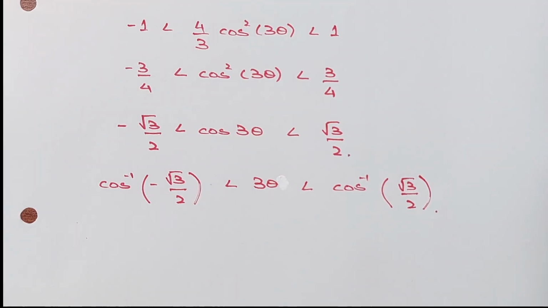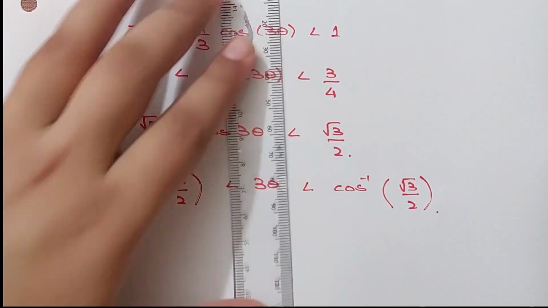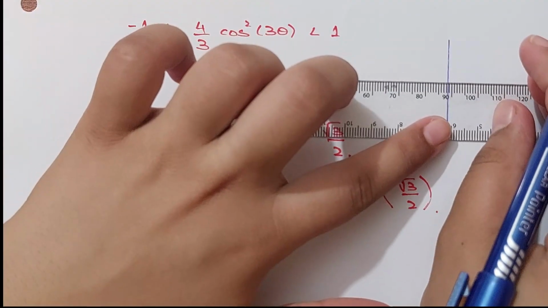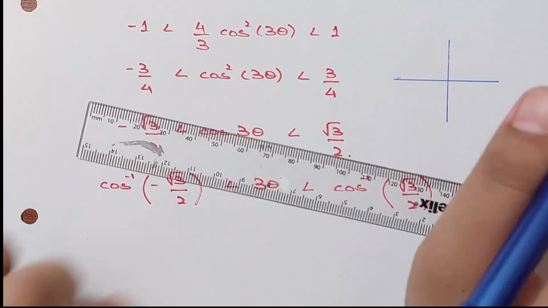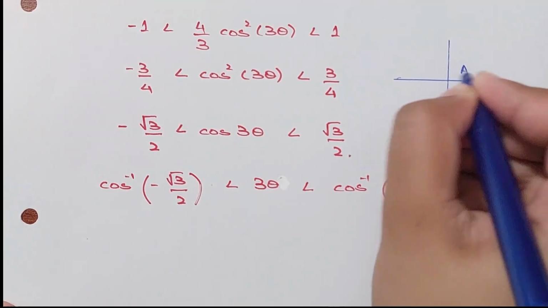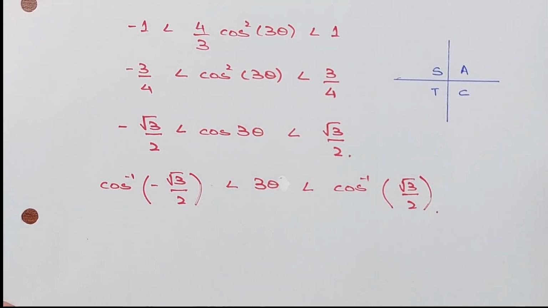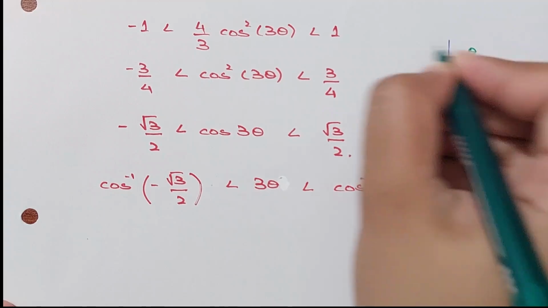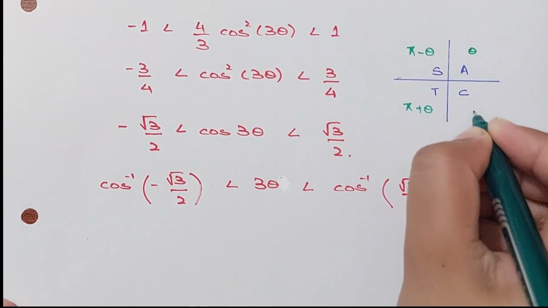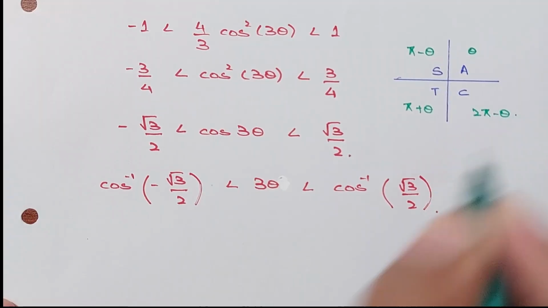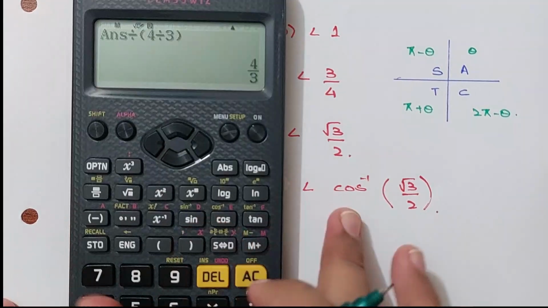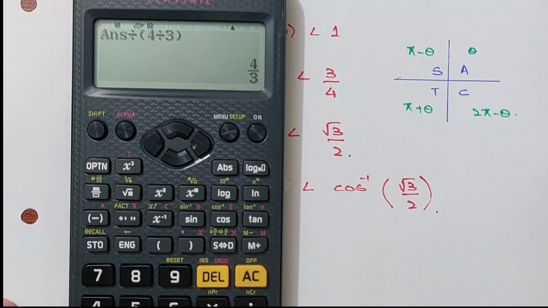Okay, let me use the CAST rule here and check in which quadrants cos is positive and negative. So we have C, A, S, T: this is theta, this is pi minus theta, pi plus theta, 2 pi minus theta, right? Now cos is negative in the second and third quadrants. So let me solve for the positive case, right?